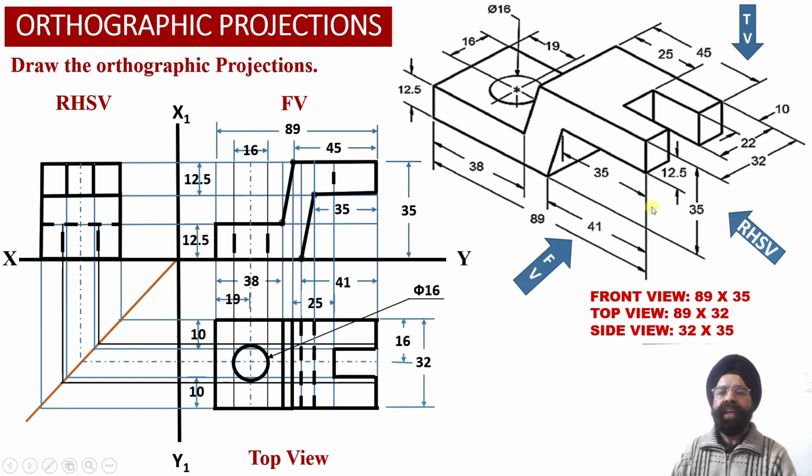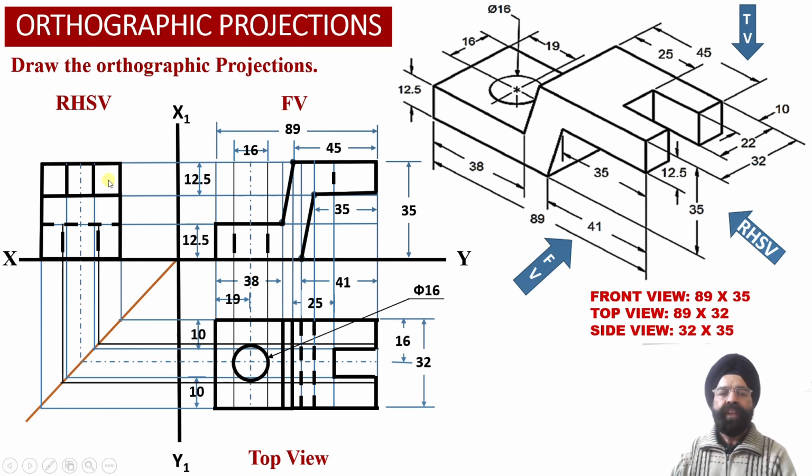So this way we have been able to obtain the apparent shape projection corresponding to the inclined surface, and again true shape projections corresponding to these three surfaces, in the right hand side view.